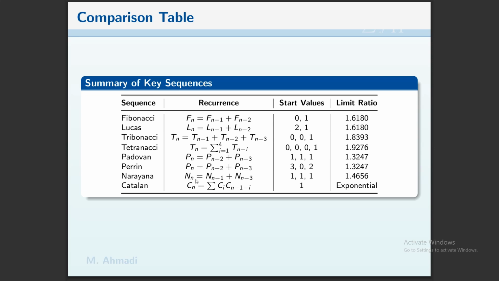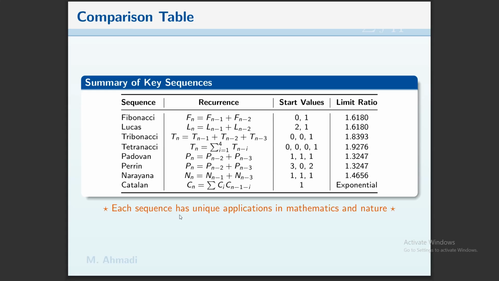Narayana is Nn equals Nn minus 1 plus Nn minus 3 with initial value 1, 1, 1, and the limit ratio is 1.4656. And Catalan Cn equals the summation of Ci multiplied by Cn minus 1 minus i. The start value is 1 and the limit ratio is exponential.